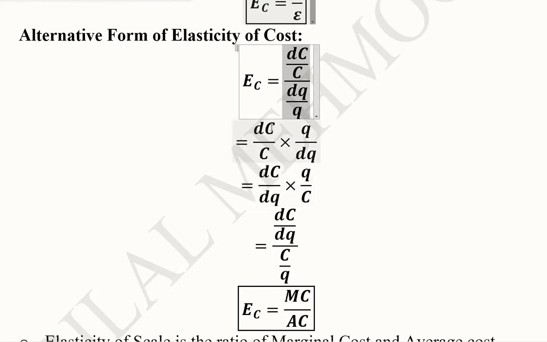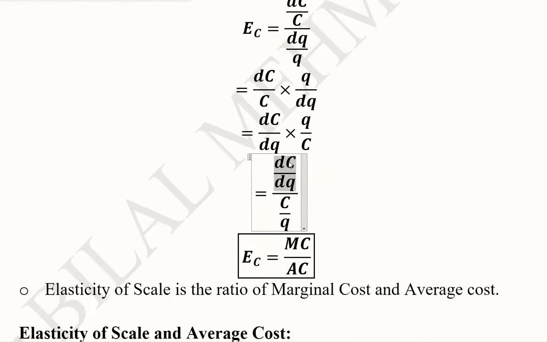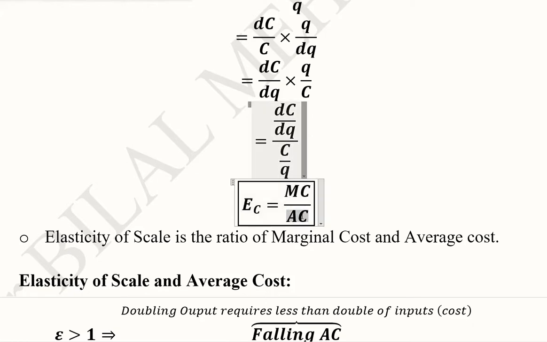What we have done is we have gathered the differential terms together, and we have written the original values separately here, because we know if we write them together, these differential terms will become the derivative of cost function with respect to output, which is the marginal cost. And c over q, if I bring it in the denominator, it will become c over q instead of q over c. It will be reciprocalized, and this is actually the average cost.